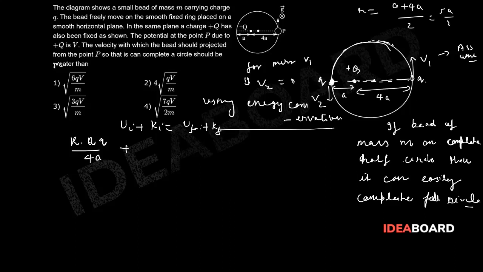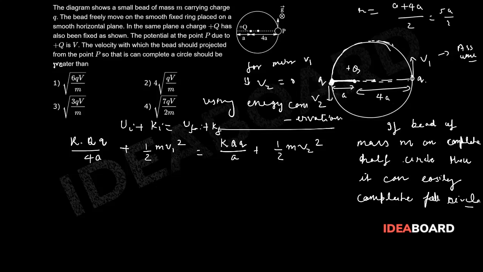So plus, what is the kinetic energy at that point of time? Half m v1 squared. And finally, the potential energy when this bead is at a distance away will be kq·q/a plus half m v2 squared, correct?